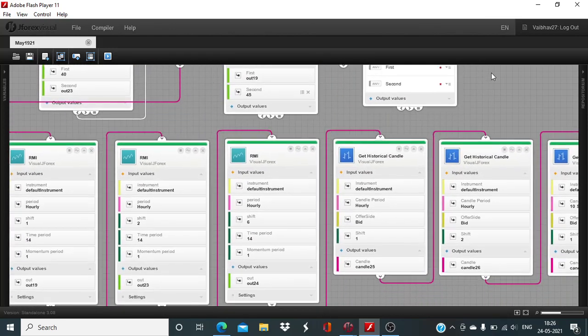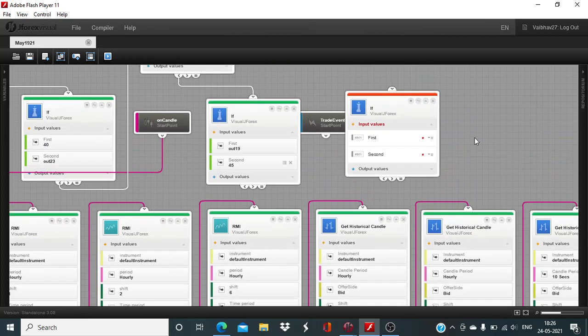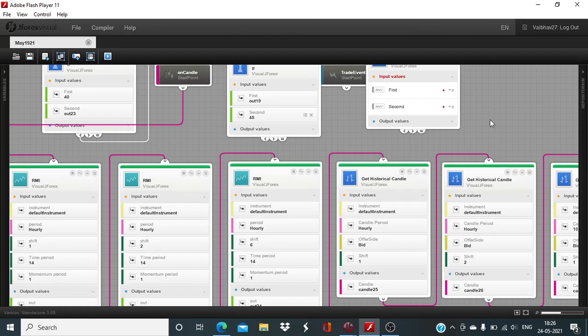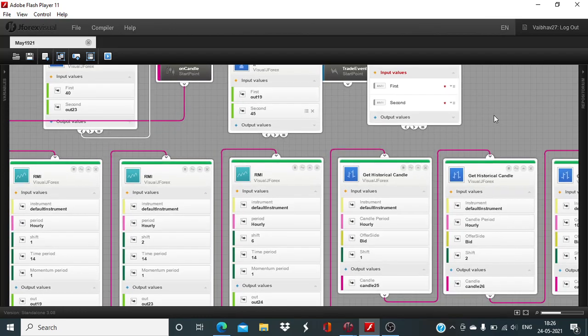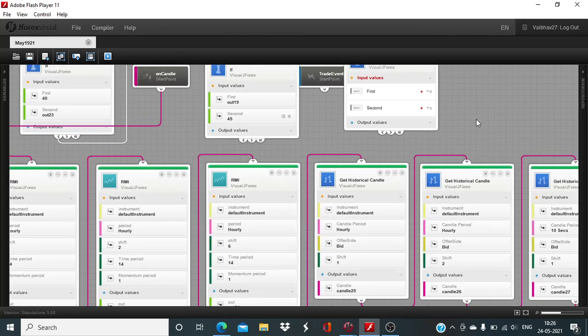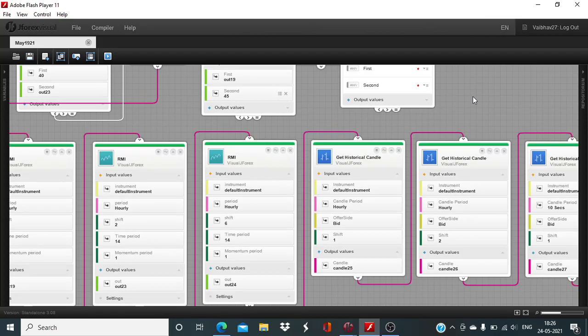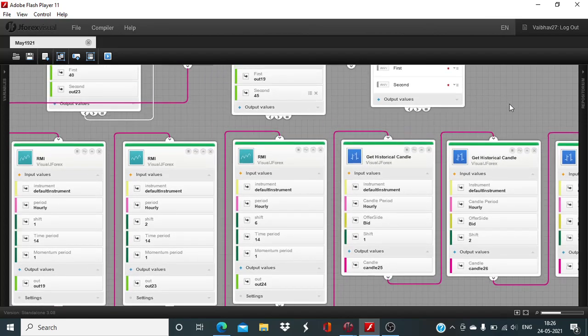But to make sure that we don't really execute the trade after too much fall has already taken place, one condition will also be placed that last hour's RMI value should still be above 40.